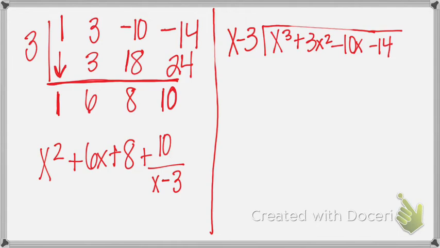All right, now where do we start? Inside divided by outside, right? So we have x cubed divided by x, which is an x squared.